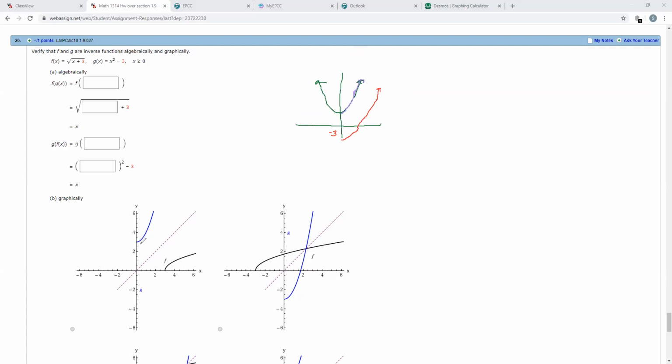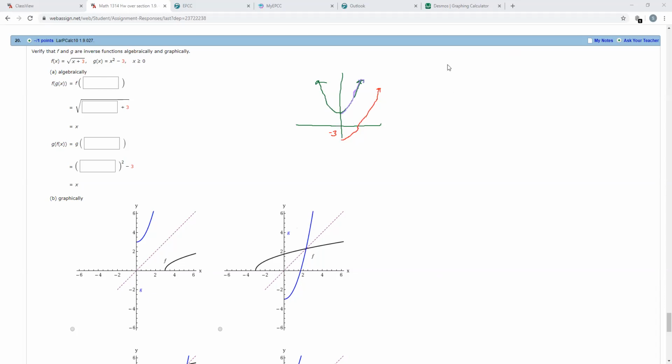But anyway, well, neither one of these has this part that we're looking for. G, and this one looks very good. It does go down 3 units to -3. It does look parabolic, half of a parabola, and the blue one is labeled G. So that's a possibility.